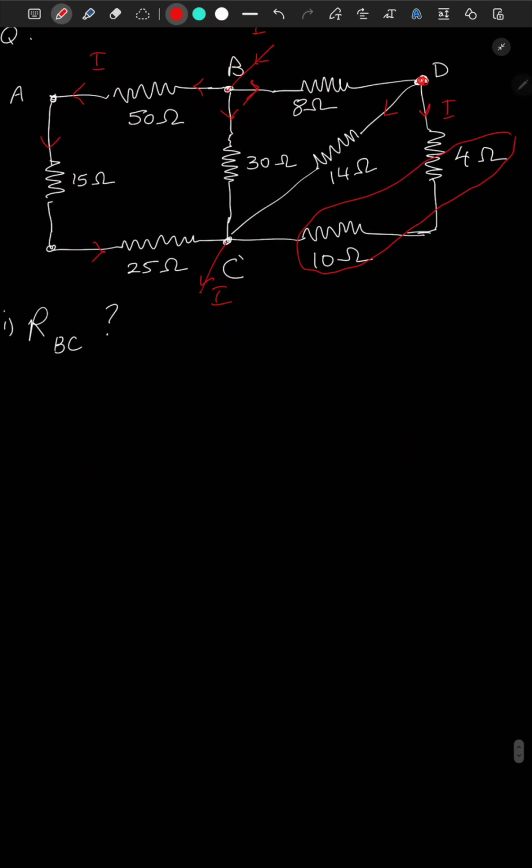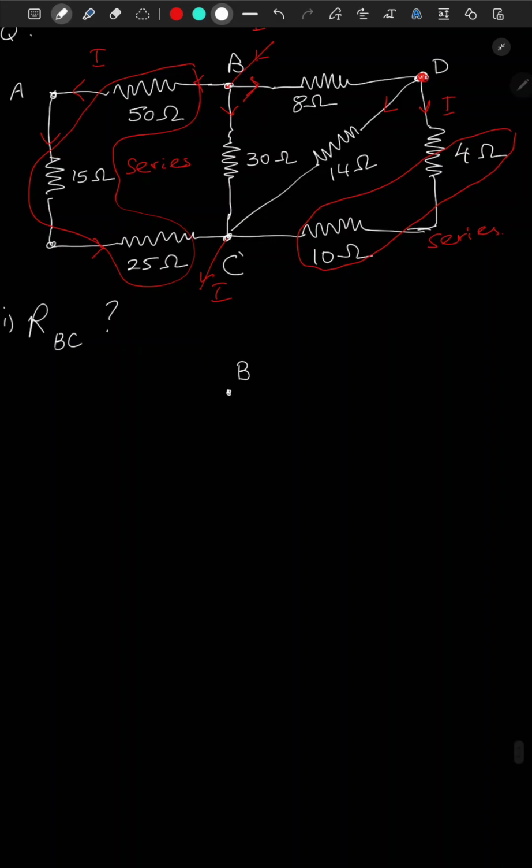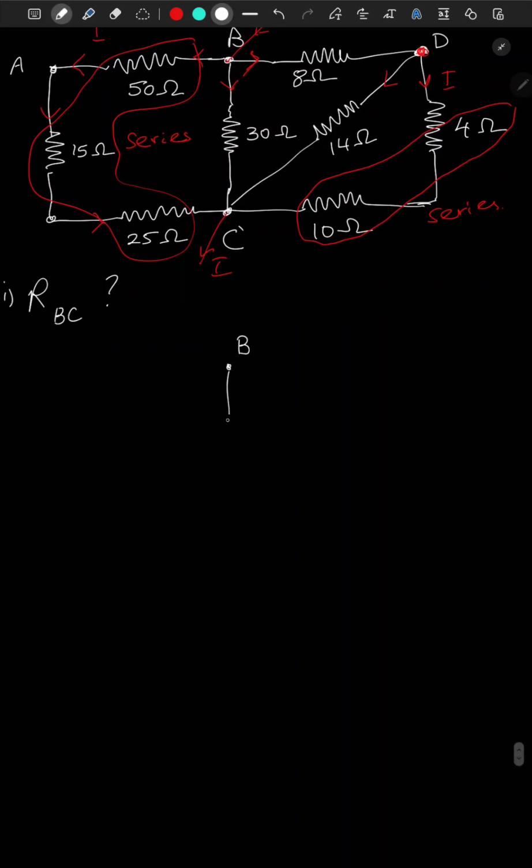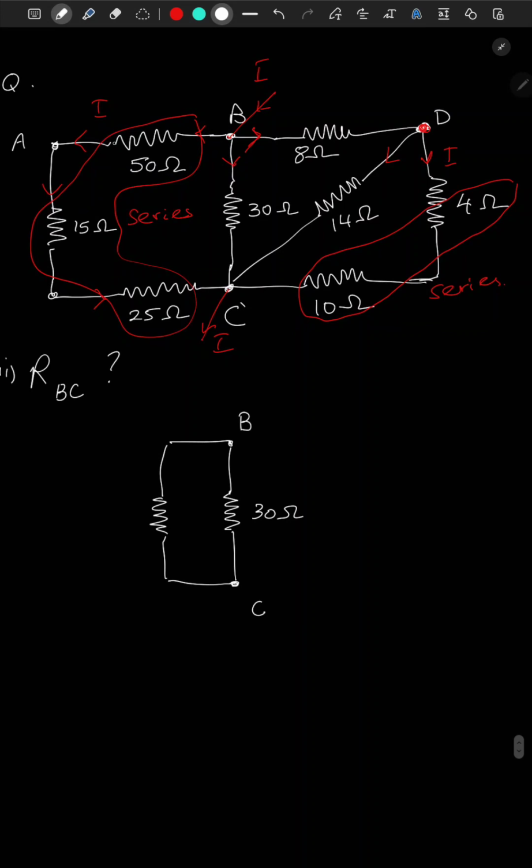Okay, so these three resistors are in series, and these two are also in series. So we can simplify the diagram again. So let's write B. So here's a 30 ohm resistance to C. So this, we can replace it by the series resistance.